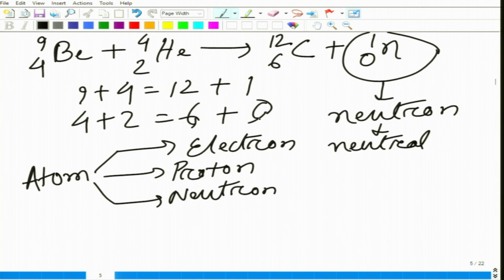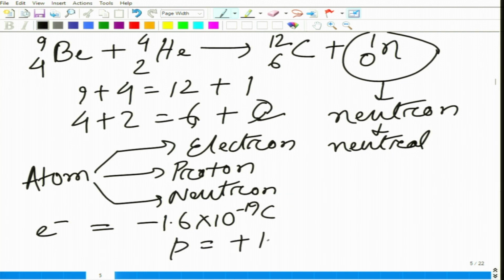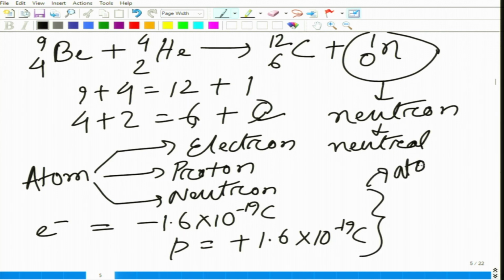The charge of neutron is 0, but for electron the charge is minus 1.6 into 10 to the power minus 19 coulomb, and for proton the charge is plus 1.6 into 10 to the power minus 19 coulomb. So, together electron and proton make the atom neutral.